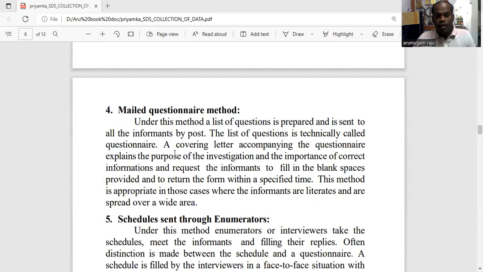A covering letter accompanying the questionnaire explains the purpose of the investigation and the importance of correct information, and requests the informants to fill in the blank spaces provided and to return the form within a specified time. This method is appropriate where the informants are literate and are spread over a wide area.